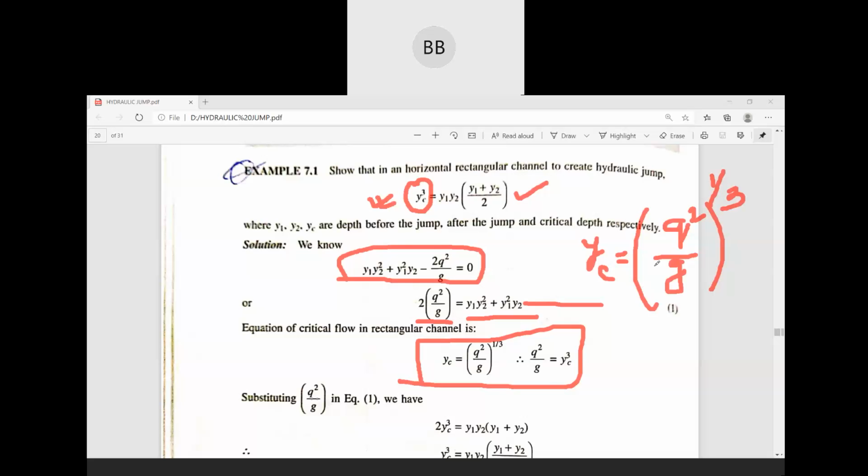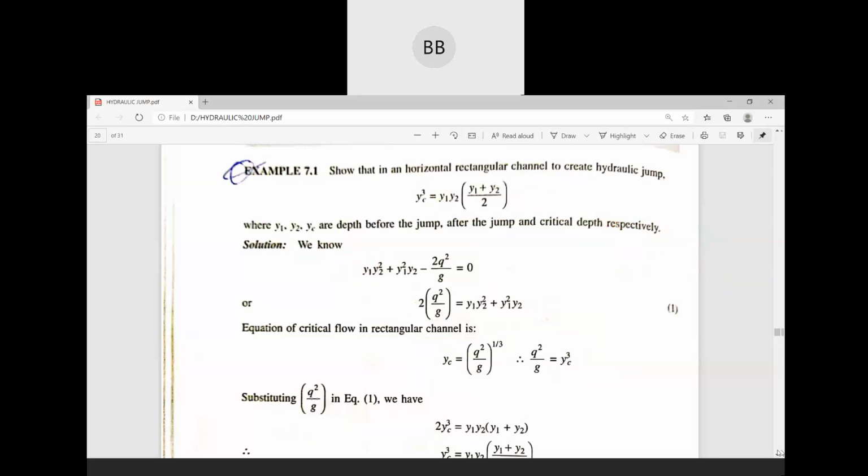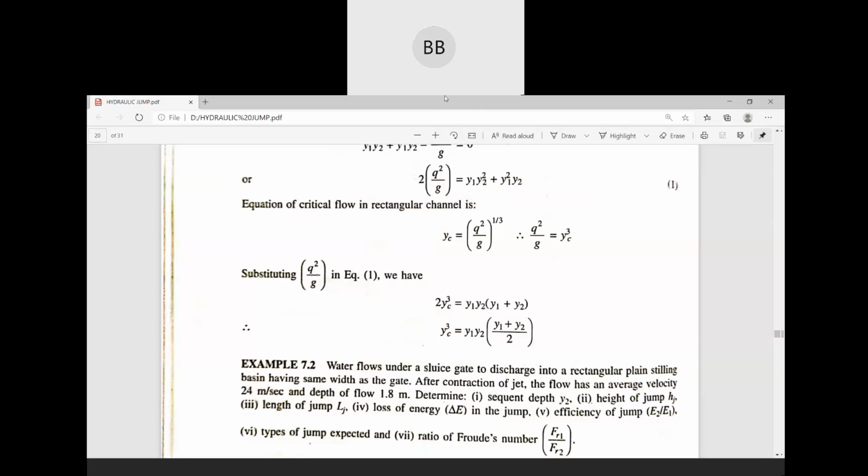Okay. So to bring that yc, we know yc for a rectangular channel is (q square by g) to the power 1 by 3, or you can write yc cube is equal to q square by g. Here in terms of q square by g, we will directly substitute yc cube in this expression. And you can see that we have twice q square by g, we have substituted yc cube.